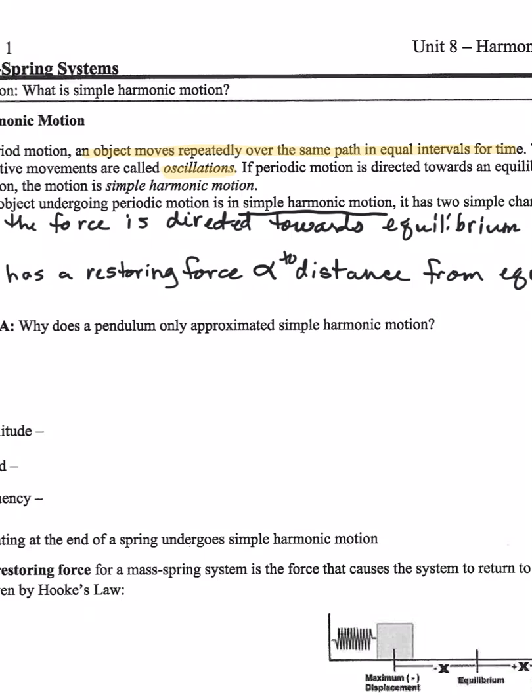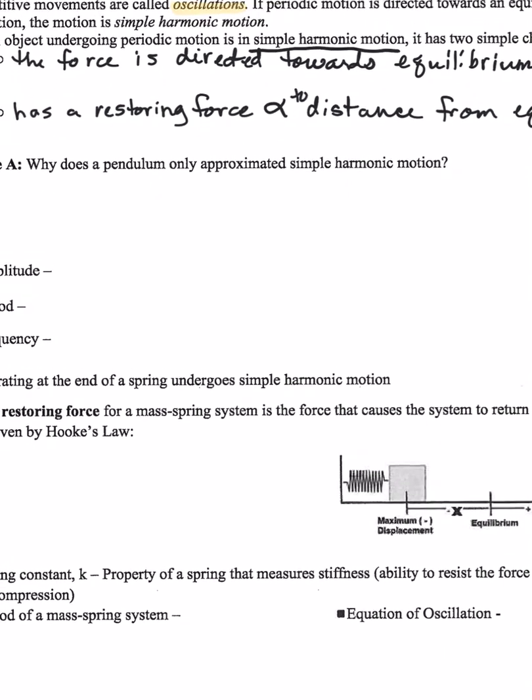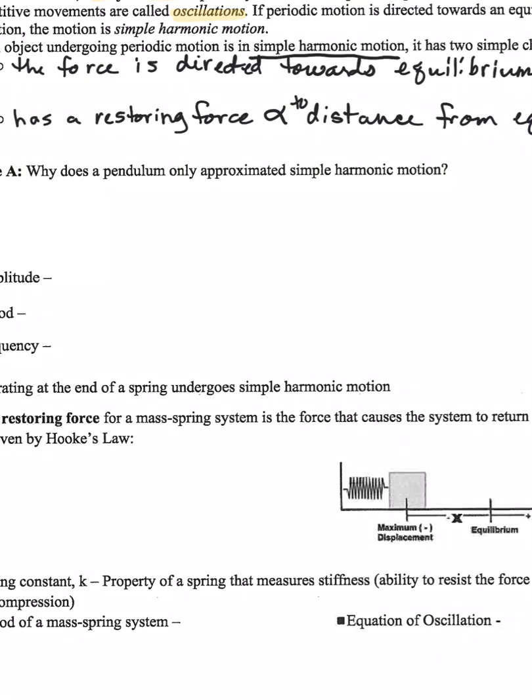Okay. So, example A. Why does a pendulum only approximate simple harmonic motion? What is the restoring force? Yeah. And is gravity acting towards equilibrium? What's the direction gravity always acts in?